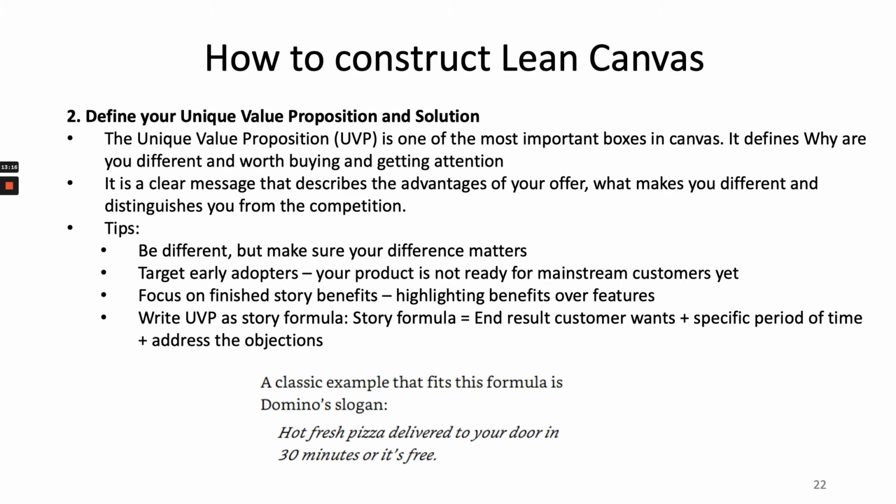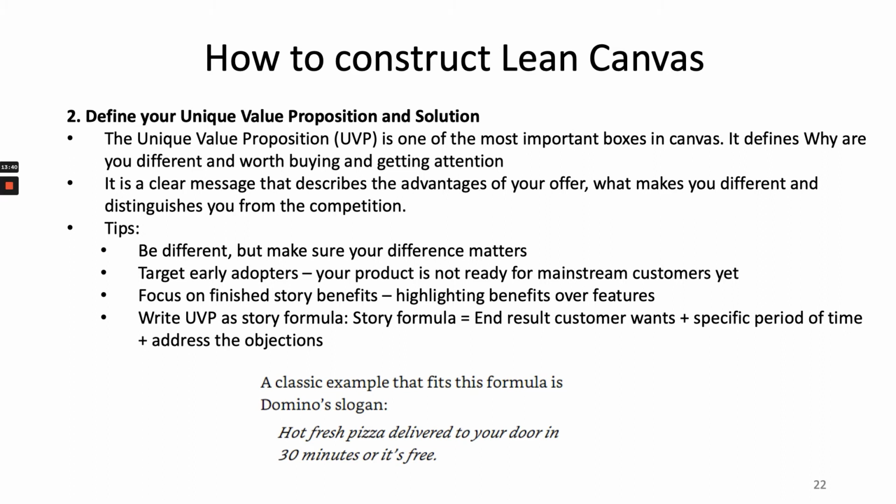Some tips: be different, but make sure your difference matters. So just don't be different to be different. Target early adopters. Your product is not ready for mainstream customers yet. So target the customers who are willing to change, to try something new.